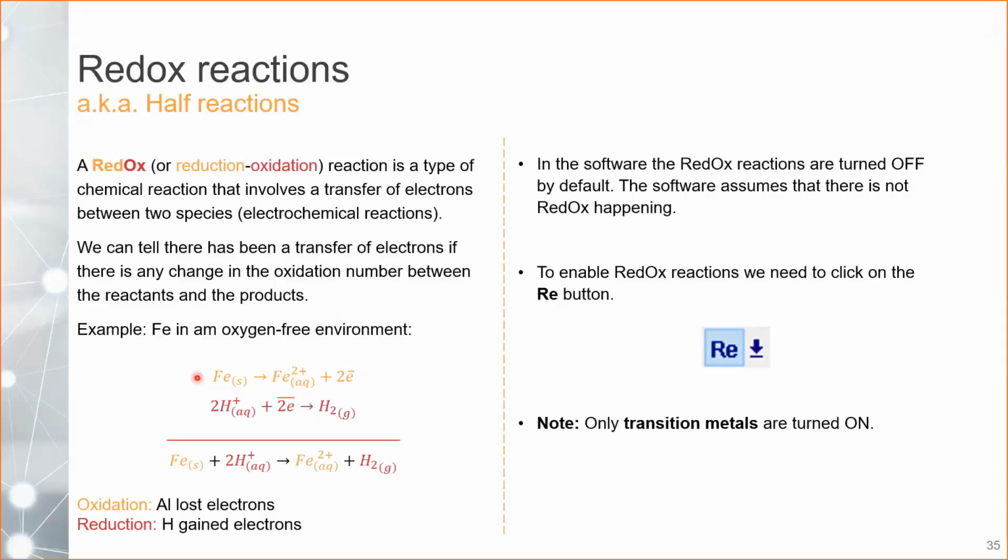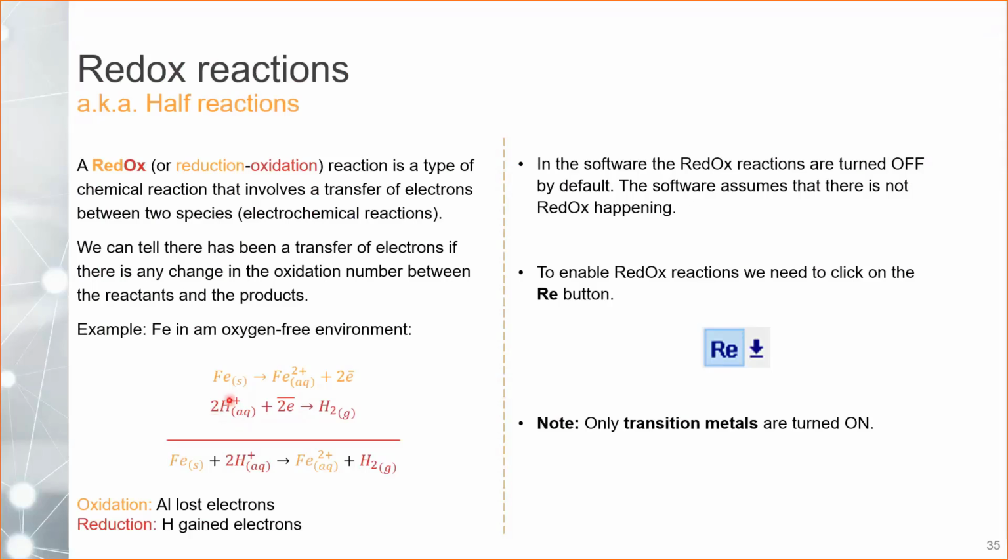We're going to say that iron is going to oxidize into iron +2. It's going to release 2 electrons. And for this second reaction, once we have an oxidation reaction, we need to have a reduction reaction. So this hydrogen will be the one that is going to be reduced.